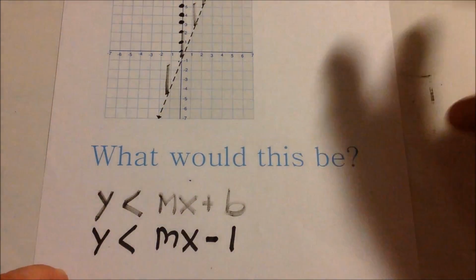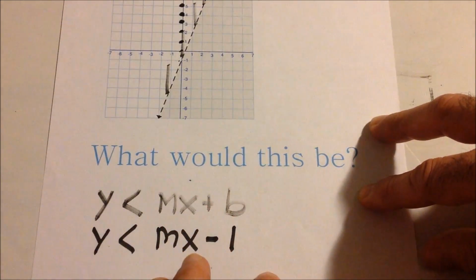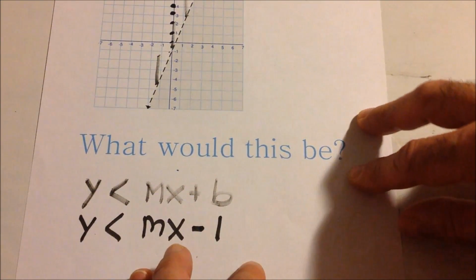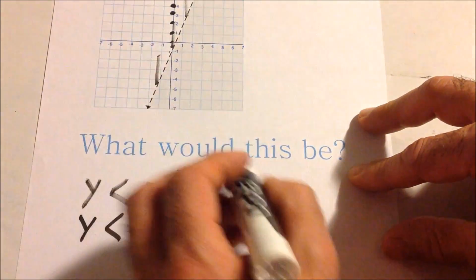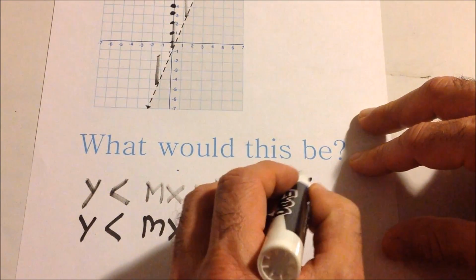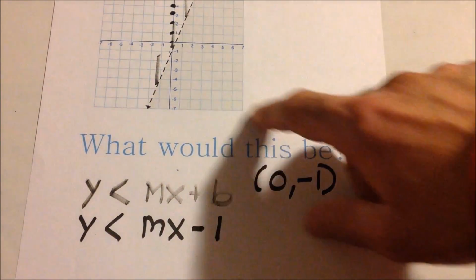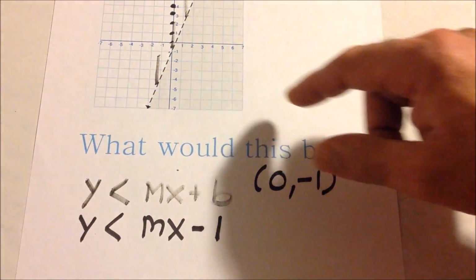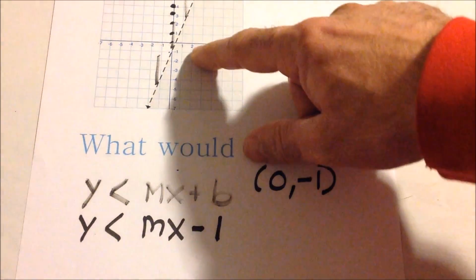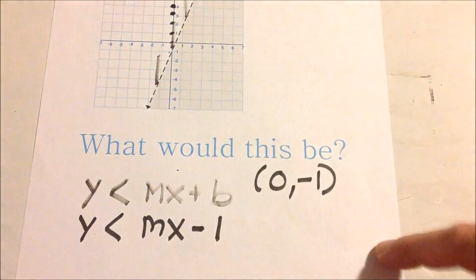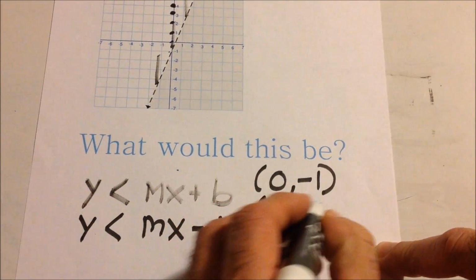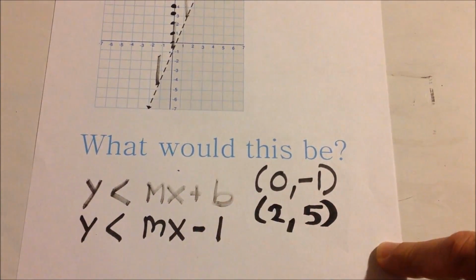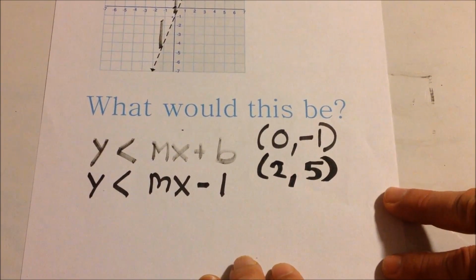So let's look at the slope-intercept formula. Let's look at some points. Well, we have 0, negative 1, that's one point. Let's look for another point. And here's a point, (2, 5). So we got (2, 5). We have 2 points. Let's bring that up.